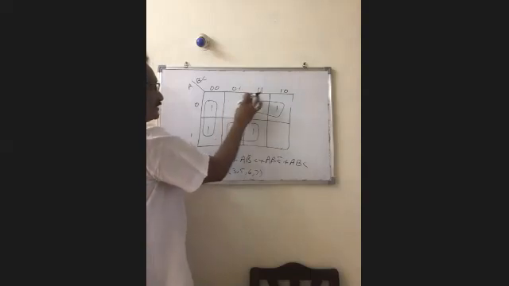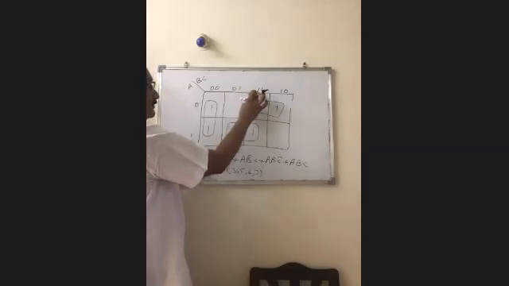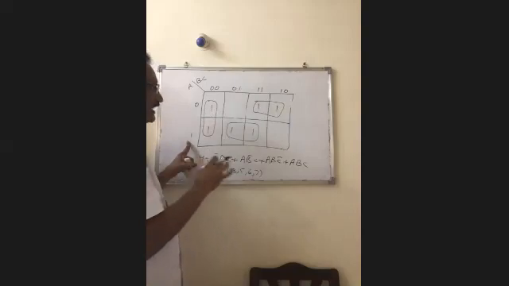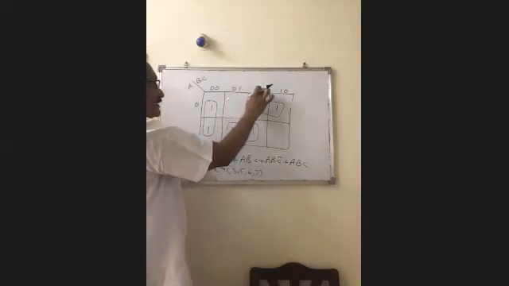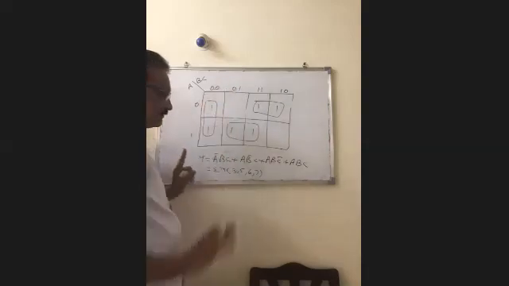From the second column to the third column, variable B changes from 0 to 1. So forget about that one, and write only C. So for this pair, we have to write AC.